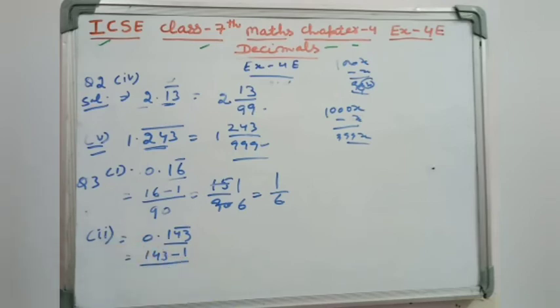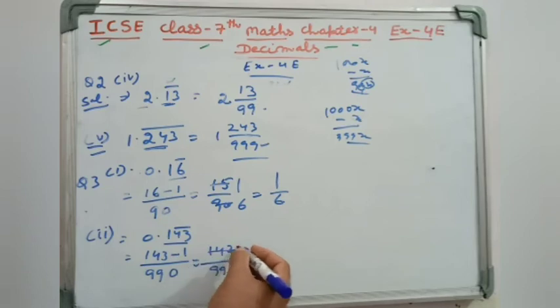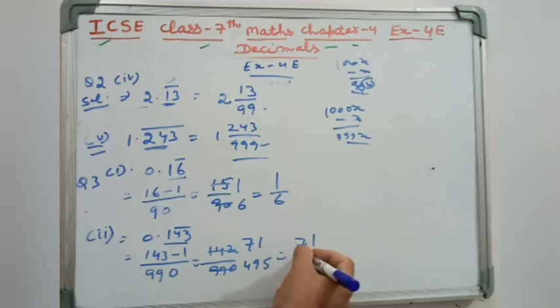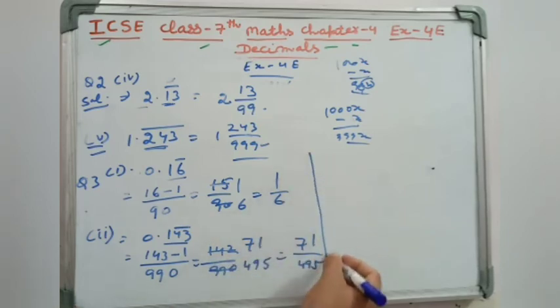And now 2 digits are under the bar, so we write 99 for that. 1 is outside, so 0 for that. That is 142 upon 990. Right? It can be cancelled by 2 to 71 upon 495. So our answer will be 71 upon 495.